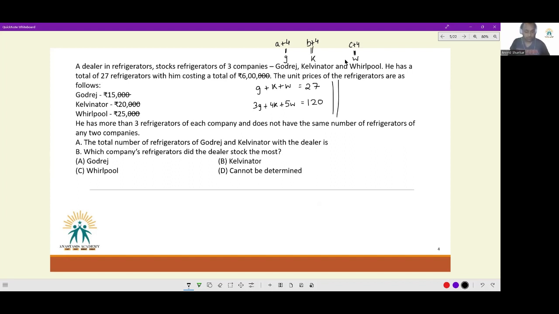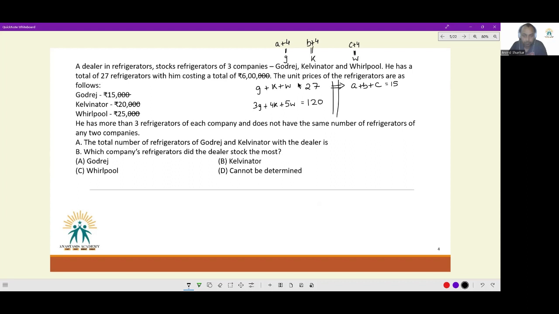And then each of these variables can also take the values in. Right now, let us work. I'll get G plus K plus W is equal to 27, minus 4, 4, 4. This will translate to A plus B plus C is equal to 15 now.